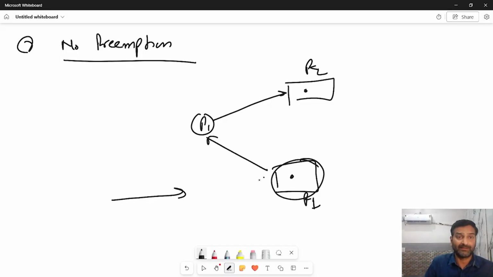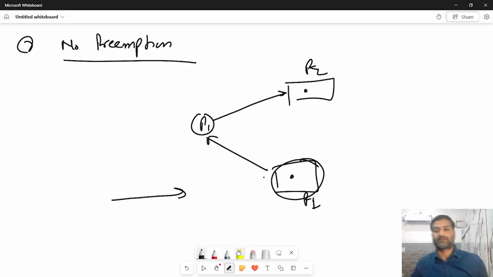If we can't, it means that the resource is not preempted. We can understand it from any situation. Suppose you are having a pen.